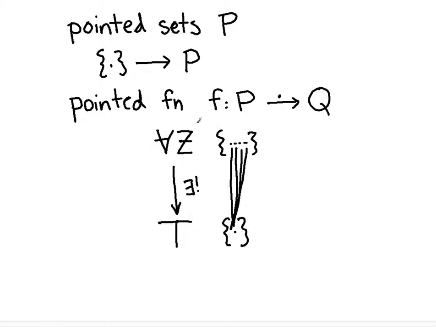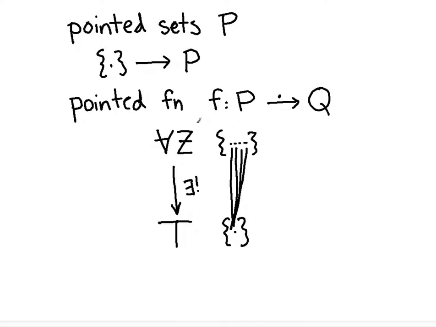Now, I said that if you turned around all the arrows in the product diagram, you would get a co-product diagram. When we turned around the arrows in minimum, we got maximum. When we turned around the arrows in GCD, we got least common multiple. When we turned around the arrows in sets and functions, instead of pairs of sets, we got the disjoint union of sets.